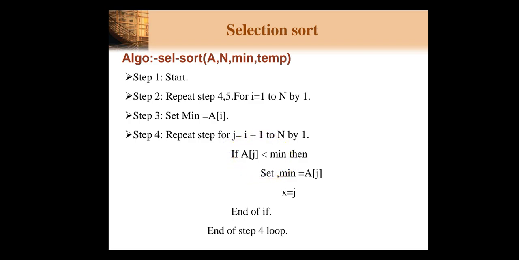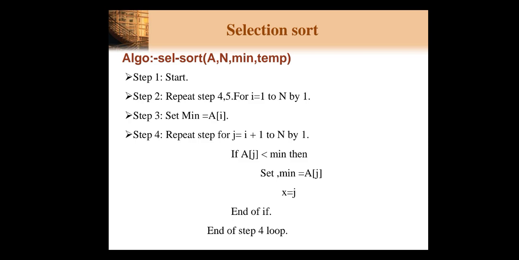If we find that the value of a of j is smaller than the minimum, then we take that value inside our minimum variable, because we need to find the minimum value. Since we are setting that value in our minimum variable, we also need to take the position, because when we want to swap the value of the first element, we need the position where we found that minimum value.